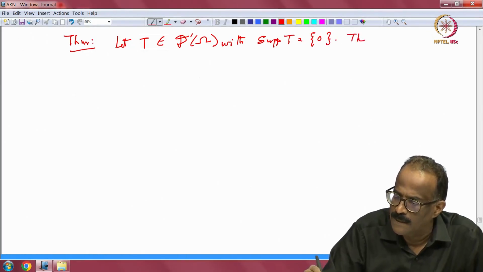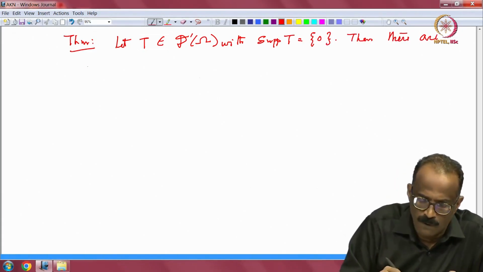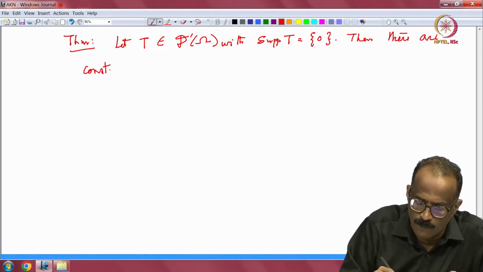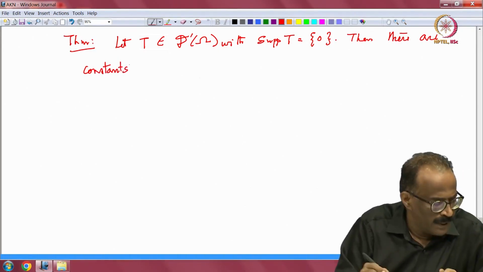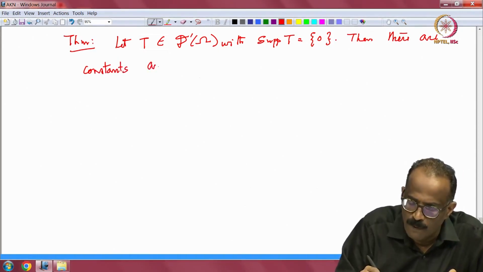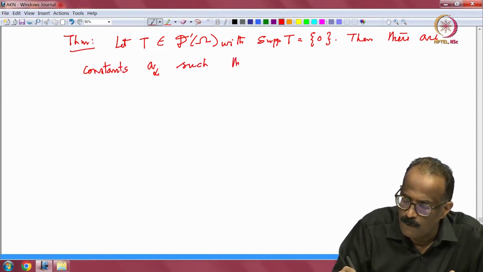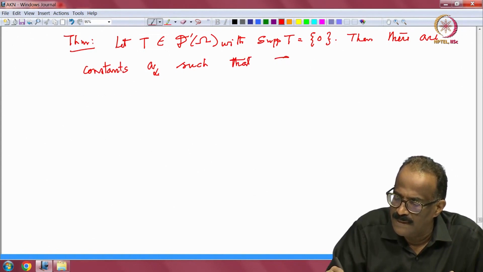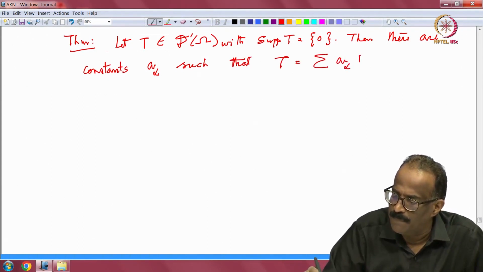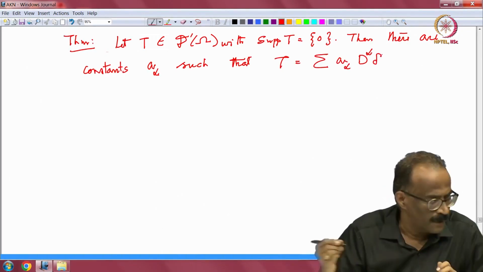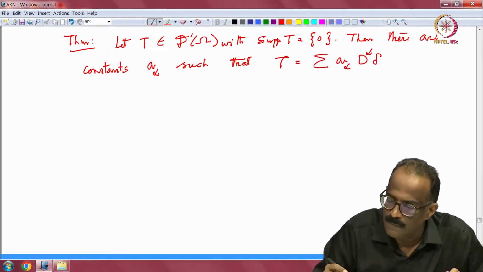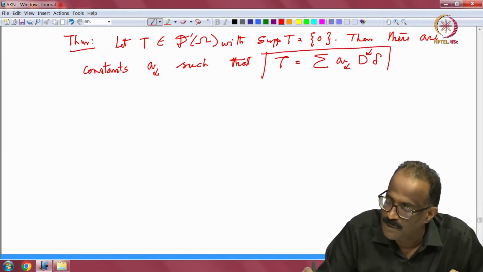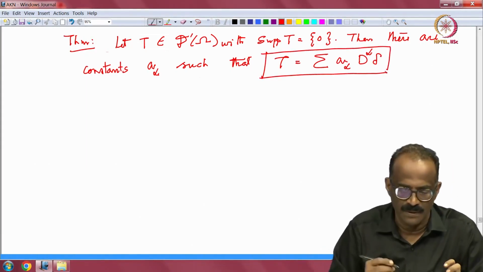Then there are constants A alpha such that T is equal to sigma A alpha d power alpha of delta. Okay. So, that is it. You see, any distribution is of this order.